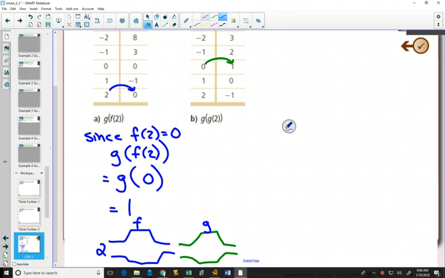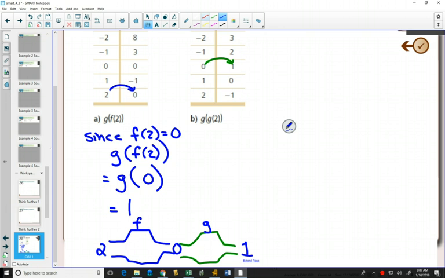So if you put 2 into the F machine, what would come out? A 0. And if that 0 then went into the G machine, what would come out is a 1. So g of f of 2 is equal to 1.